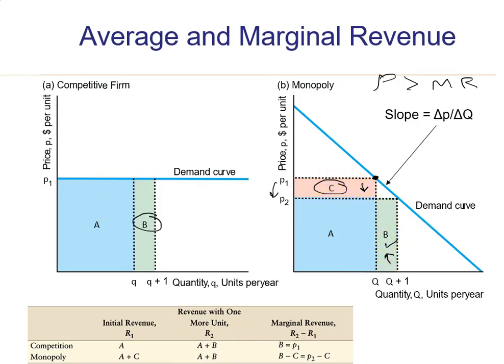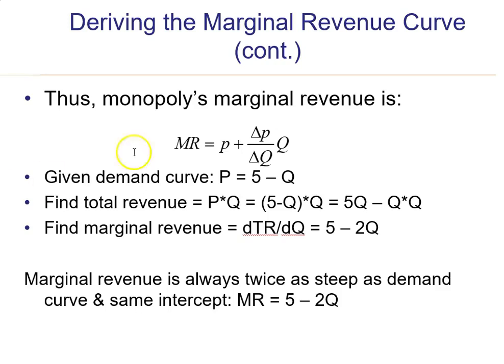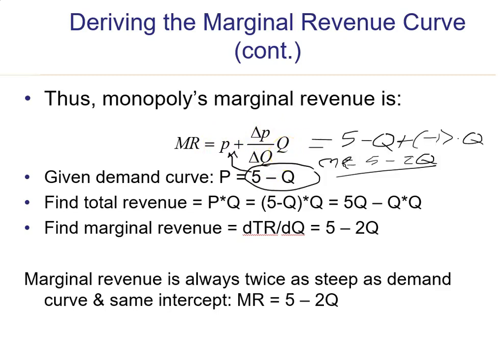This is the price effect, this area C. So then the monopolist marginal revenue is going to equal P plus change in P over change in Q times Q. This P is our output effect, and this is our price effect. So that's a quick overview of how you find marginal revenue. Check out the second video to work an example or two of this marginal revenue calculation.